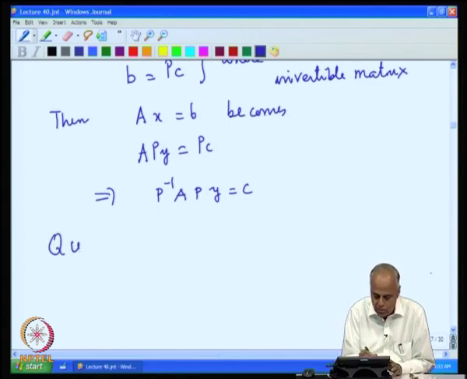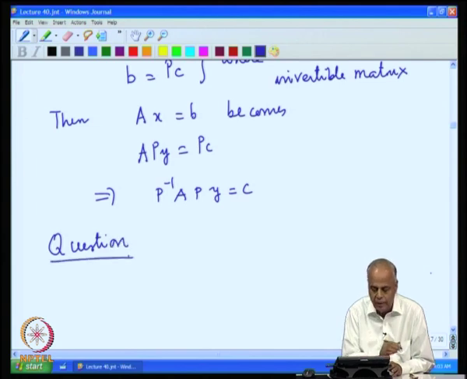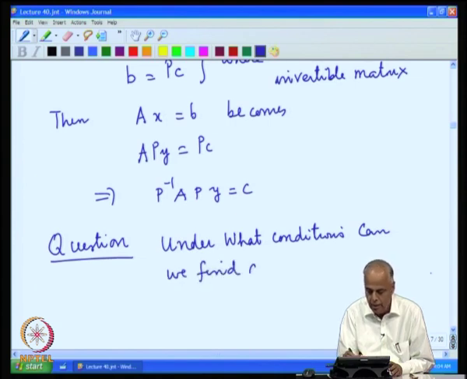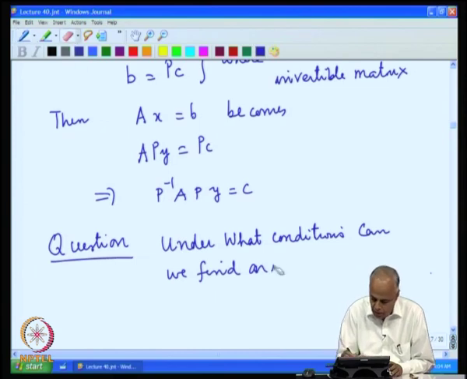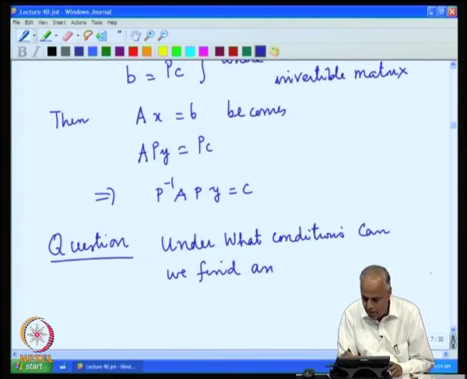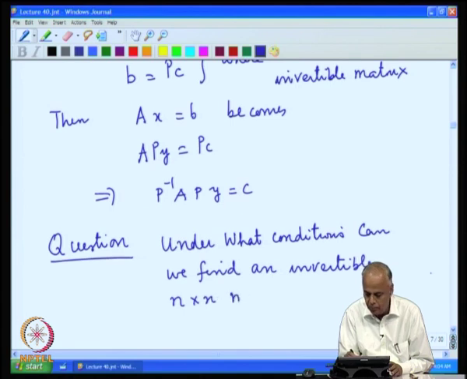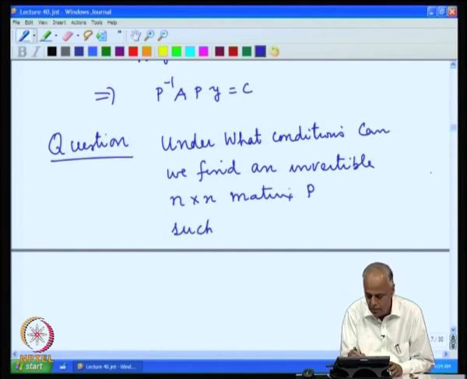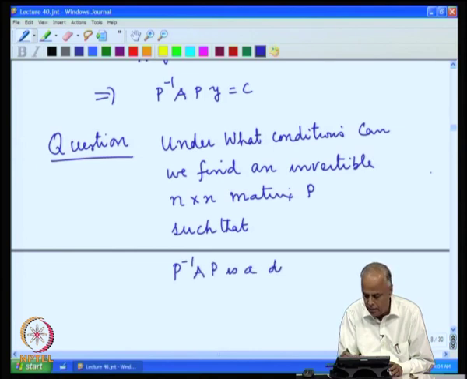So, the question that we raised was, under what conditions can we find an invertible n by n matrix P such that P inverse A P is a diagonal matrix.